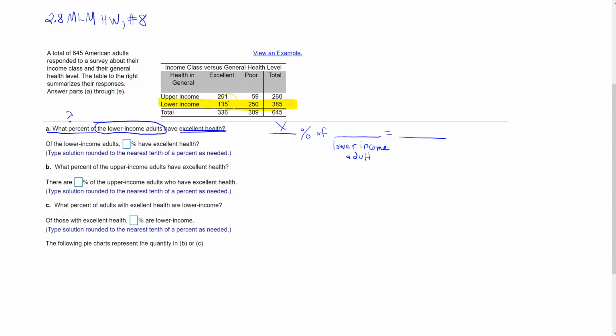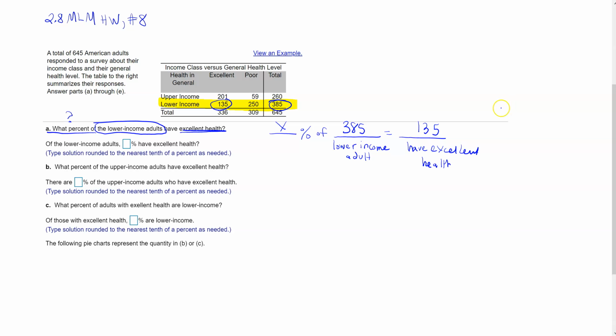So there's lower income adults with excellent health and with poor health. We're going to focus in on excellent health. So have excellent health. Okay. So since I'm only zooming in on lower income, this is my reference. I'm referencing 385 adults in the survey who had lower income, and 135 of those adults had excellent health.